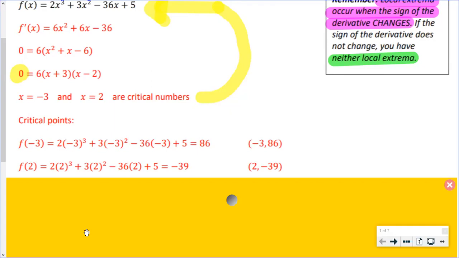This is probably the step that will take you the most time, so take your time plugging it into the equation, because if you don't have the correct critical points, then you're not going to have the correct maximum and minimum points, right? The points are (-3, 86) and (2, -39). The y values are important because they represent a potential minimum or maximum point, but we don't need to use the y values when we do our first derivative test table.